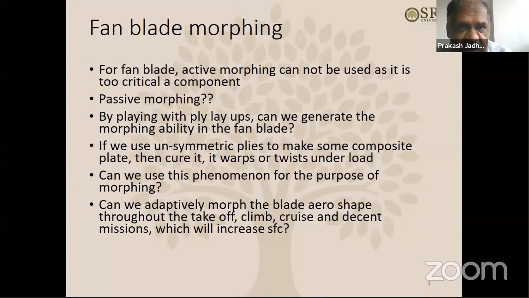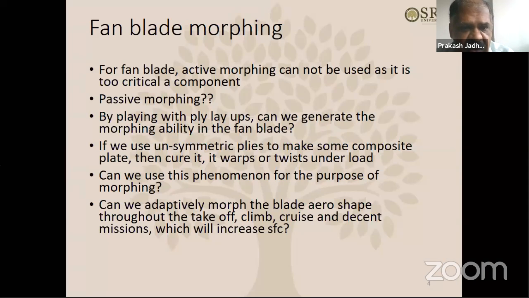So generally, this blade layup is always symmetric to have a better integrity of the blade, and to avoid warping and twisting. But if we can play with those plies, and instead of symmetric layup, if we can come up with unsymmetric layup, then can we generate some kind of morphing ability in the blade? This project was all about that.